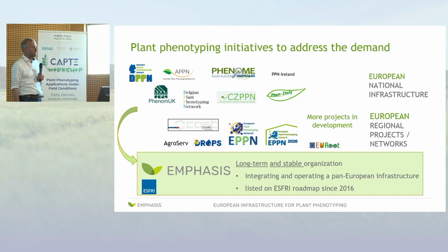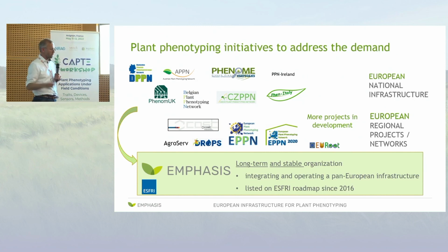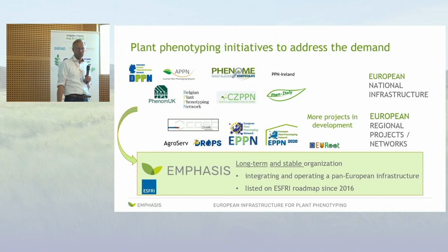Continuing this, or bringing this together, making use of these infrastructures across Europe in different regional projects, that's actually what EMPHASIS has in mind: to create a long-term stable organization. Some of you may be familiar with the term ESFRI, the European Strategy Forum on Research Infrastructures. That is where we would like to put this plant phenotyping infrastructure that we have.